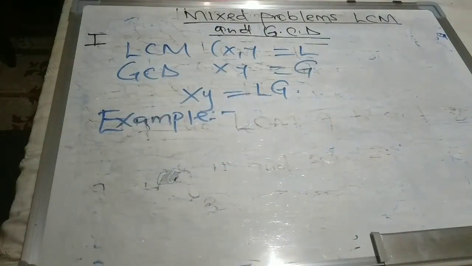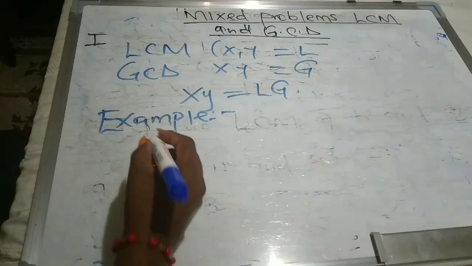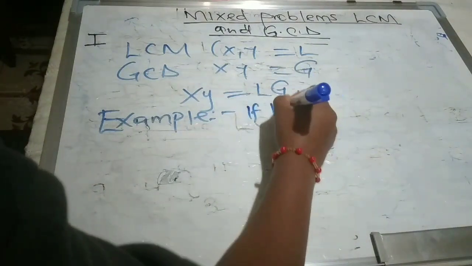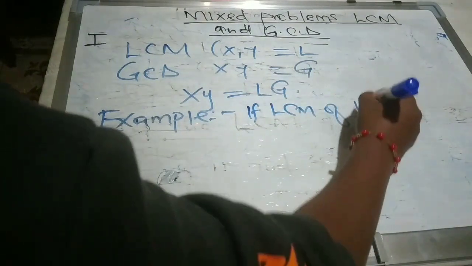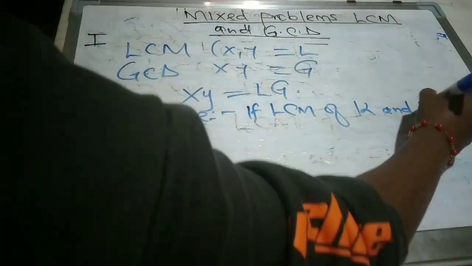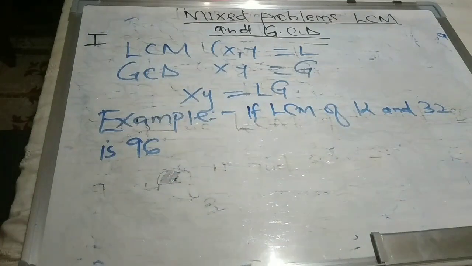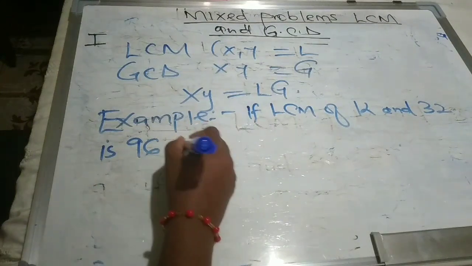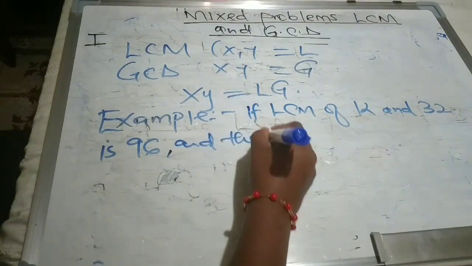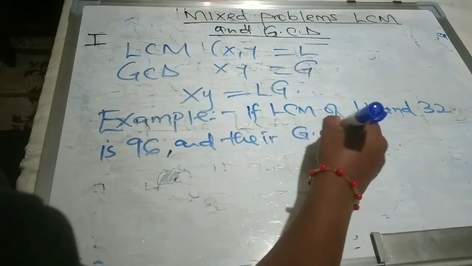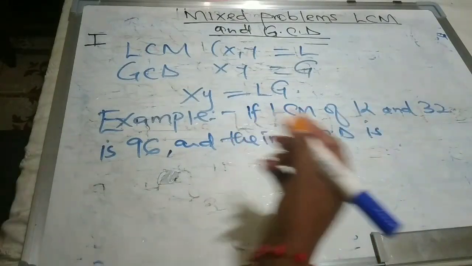If the LCM of k and 32 is 96, and their GCD is 8, find k.